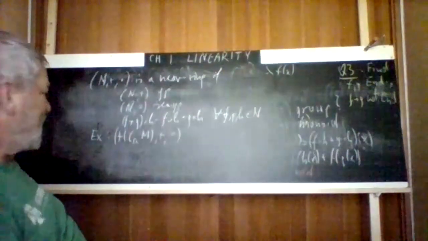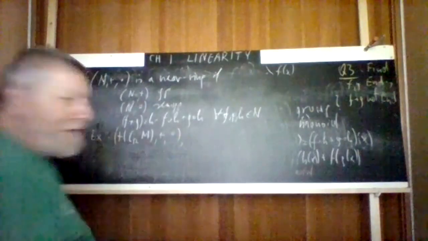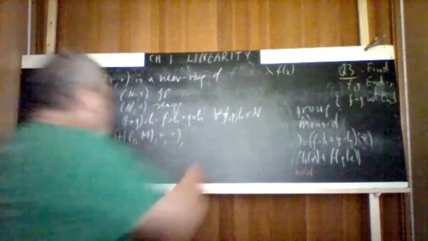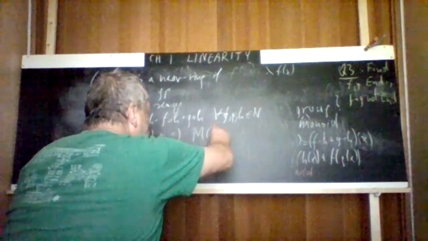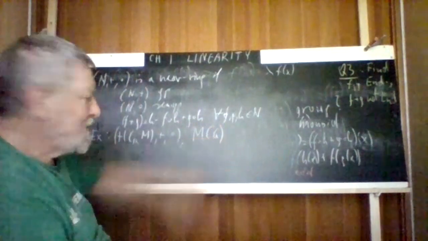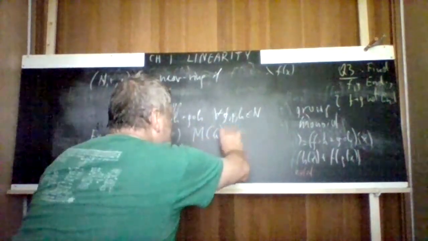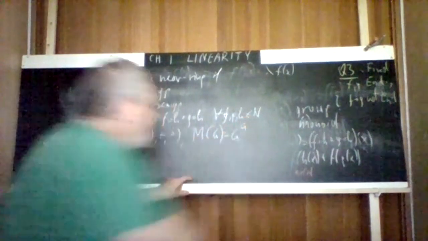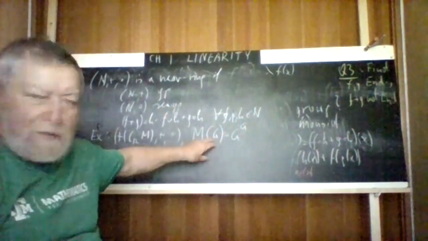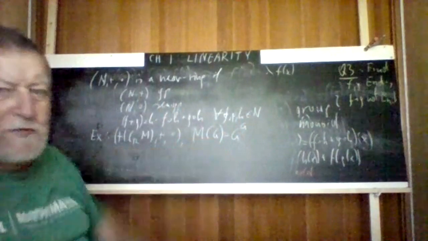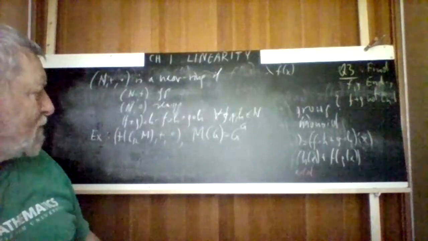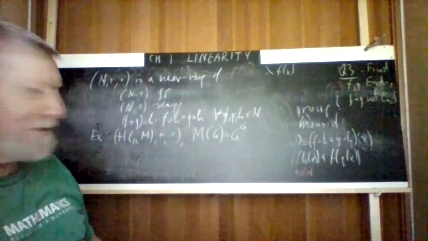Another example would be that we simply take all maps from a group into itself. We call this M of G. These are all maps from the group into itself, sometimes written also as G to the power G, all maps from G into itself. If G is abelian, the addition here is also abelian, but that's not required here. We just have to have a group, and it's very easy to see that all maps form a near-ring.